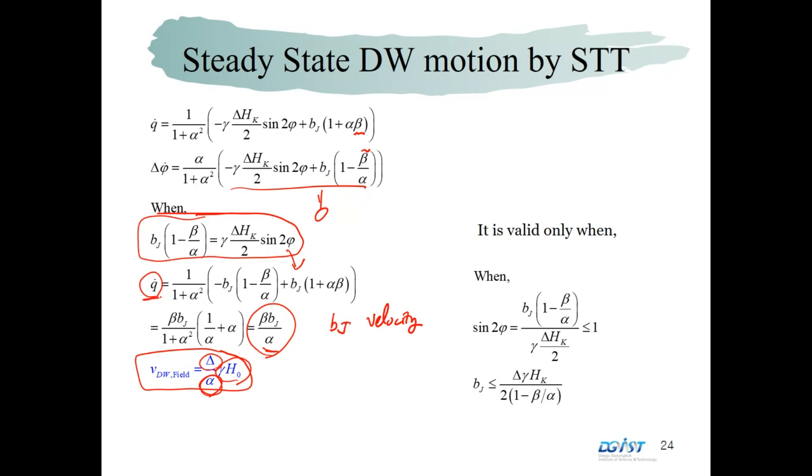And the domain wall velocity is determined mainly by Bj, but by the ratio of beta over alpha. So in this case, beta is 0, we obtain q dot is 0. So without non-adiabaticity, the domain wall doesn't move in this condition.